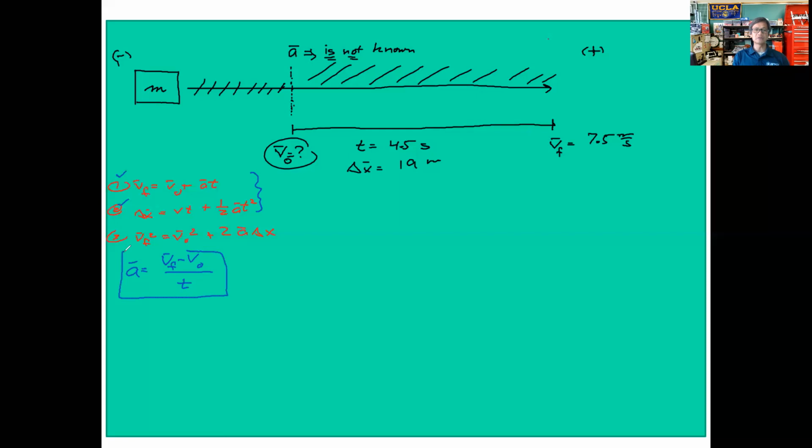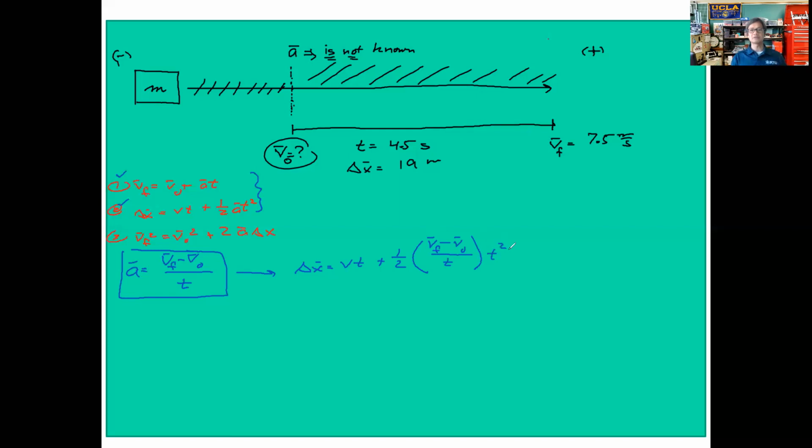So we need acceleration. What are we going to do with this particular acceleration? Can we take this right-hand side and substitute it in right here? Let's do that substitution. Therefore delta x is equal to V T plus 1/2, and let's substitute all of this in: V final minus V initial all over time, and we multiply all that by t squared.